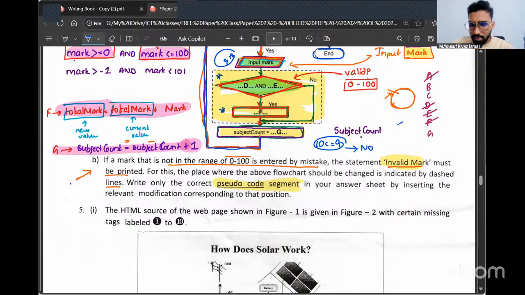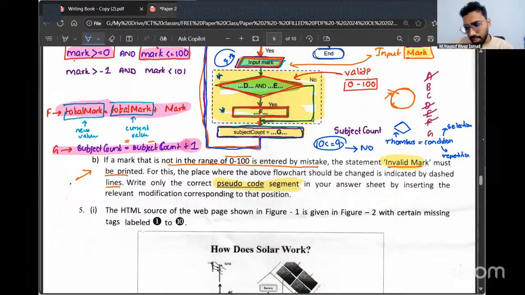Whenever you have a rhombus, it represents a condition. You can notice a condition in two things. You can notice a condition in a selection structure, which means an if-then-else statement, or you can notice a condition in a repetition structure, like a while loop or repeat-until loop.